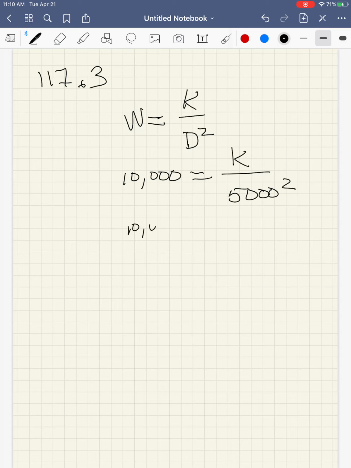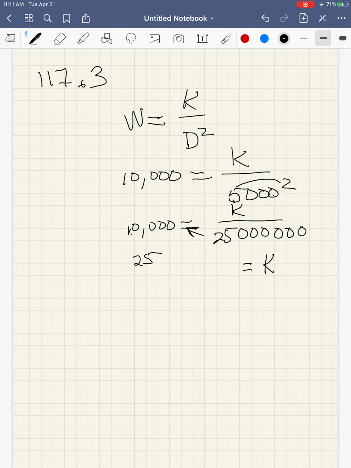So 10,000 equals K over, remember the shortcut to multiply with numbers with zeros at the end? If we're squaring this and it has 3 zeros, then the new number is going to have twice that, or 6, and then 5 squared is 25. And now we have to cross multiply to get K. So K will be 25 times 1 is 25, and count all the zeros. 1, 2, 3, 4, 5, 6, 7, 8, 9, 10.